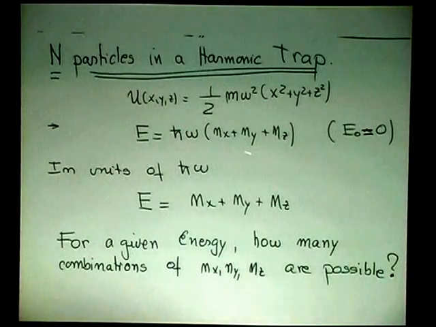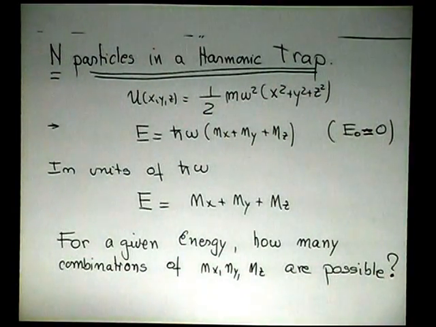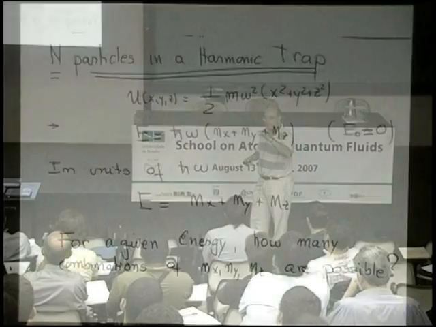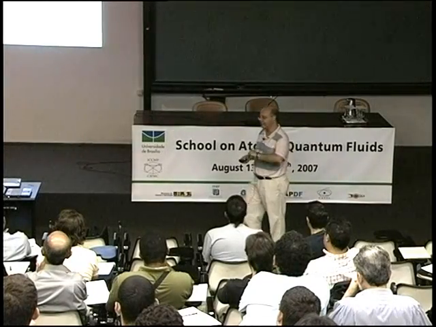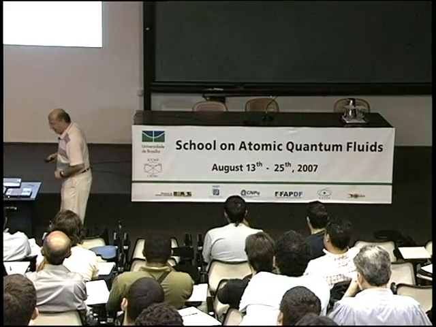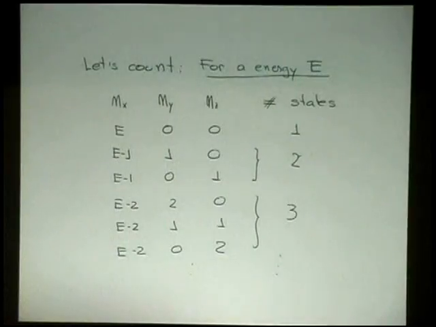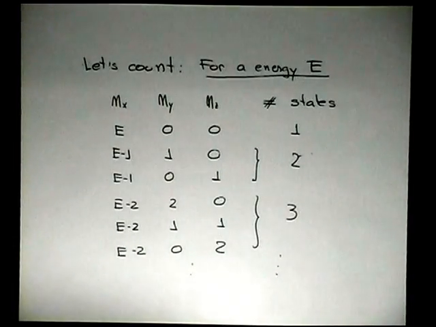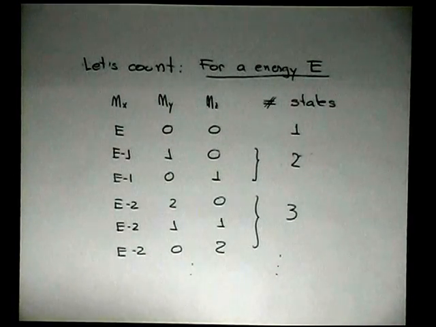And then the question is, if you have this energy, what is the Fermi energy for an N-particle system? You have to add up. But now it's not that easy. Suppose you have an energy E. You may have many possibilities of states which have that energy.